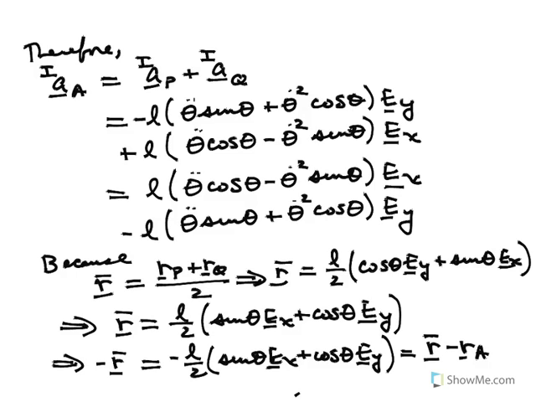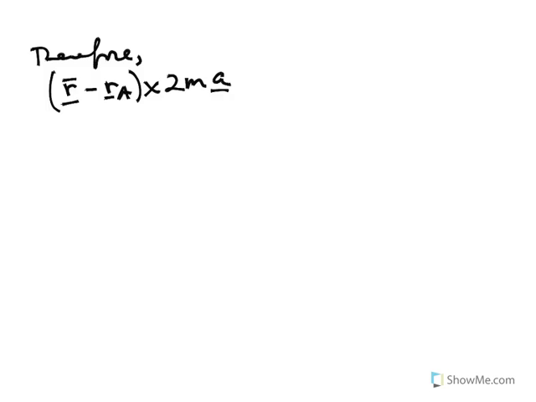So then r bar minus RA crossed with 2m times the acceleration of point A in the inertial frame is equal to?